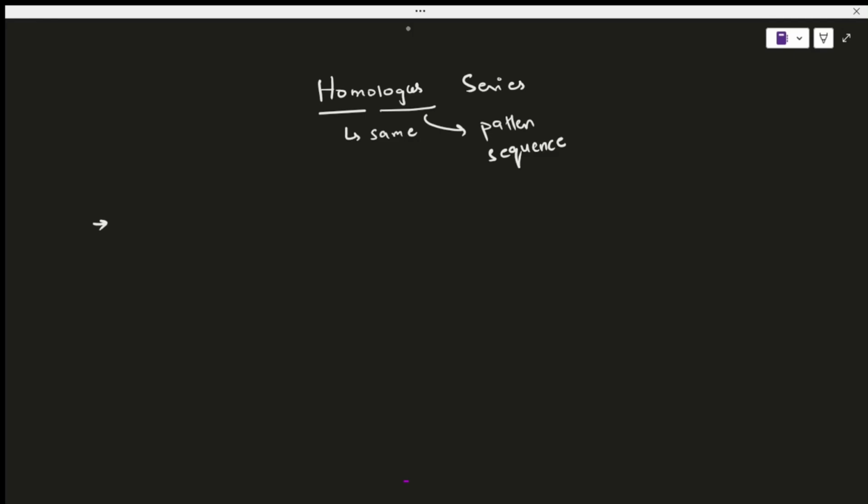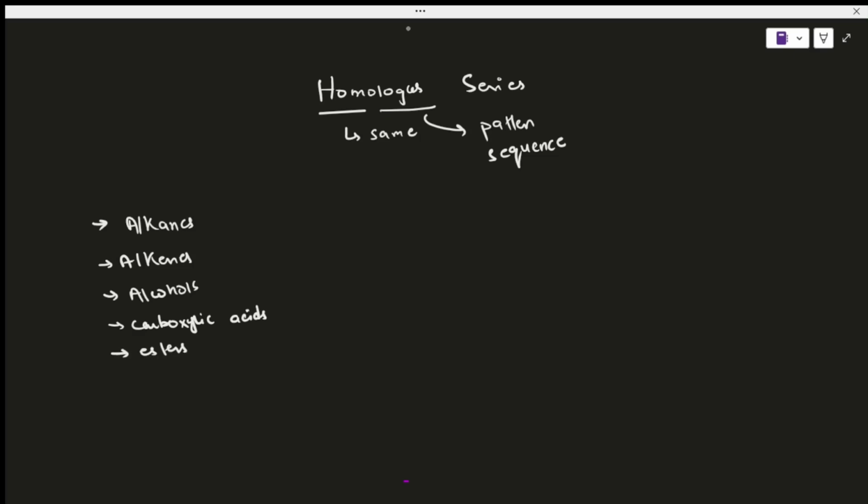Okay, so let me write this down. So you have something that we call alkenes, then alkenes. You also have alcohols, and you have carboxylic acids, and you also have esters.